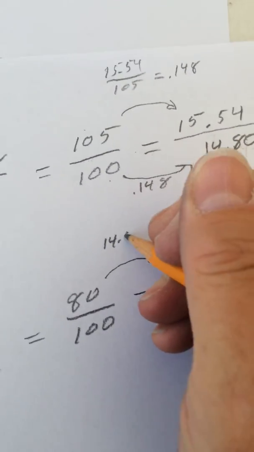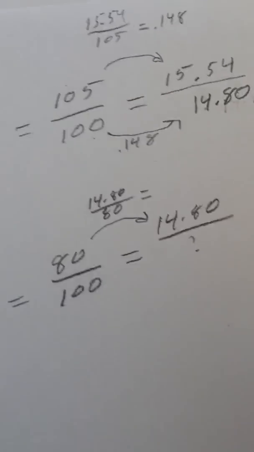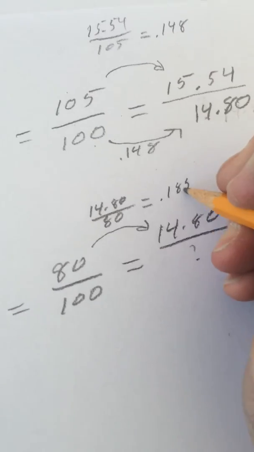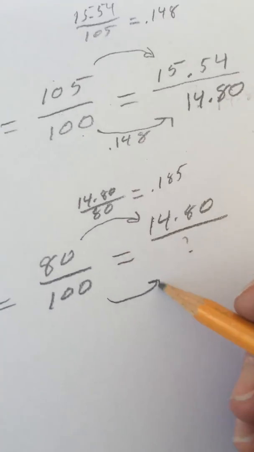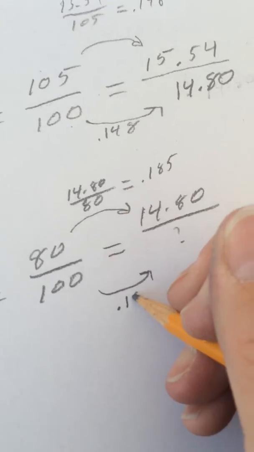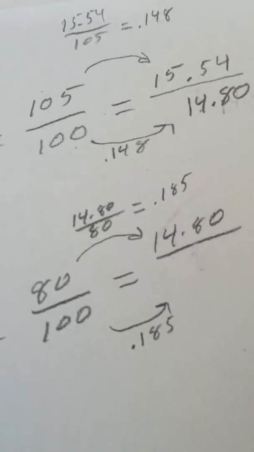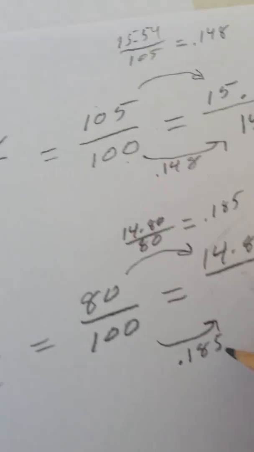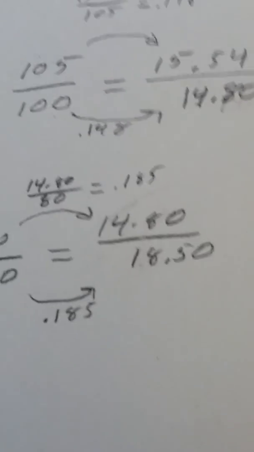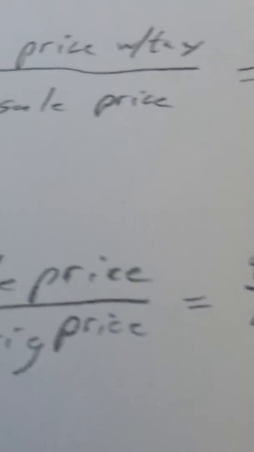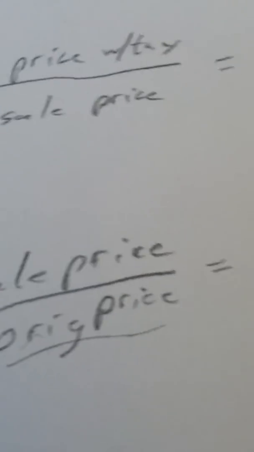In order to do that, I do division. 14.80 divided by 80 comes out to be 0.185. So if I multiply the top by 0.185, I've also got to multiply the denominator by 0.185. And that gives me 100 times 0.185 is 18.50. And what did the 18.50 represent? Oh, the original price. Yay! So now I know my original price.